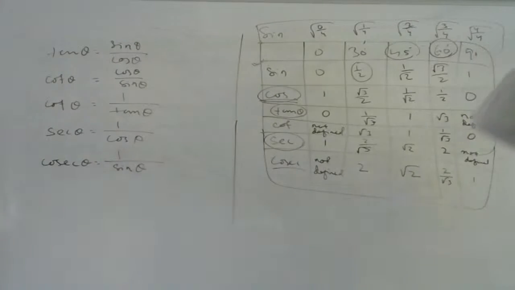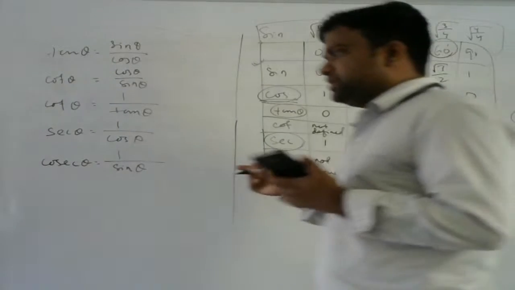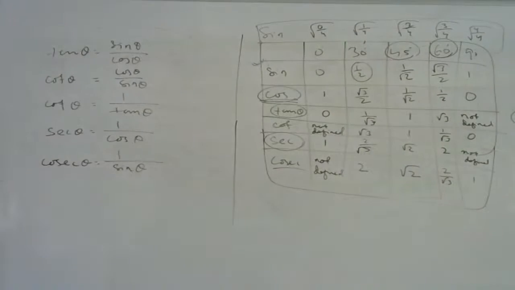So with a comparison or a logical way, you can remember these values. Okay. So now the table is in front of you. Now let us solve a few questions.